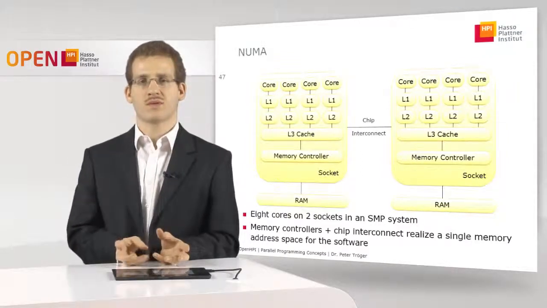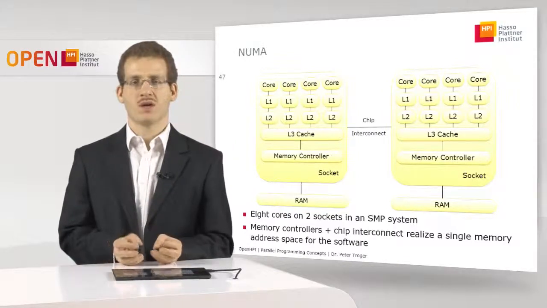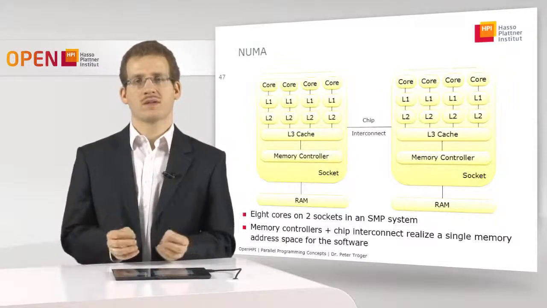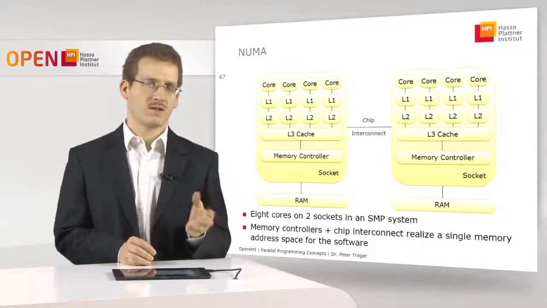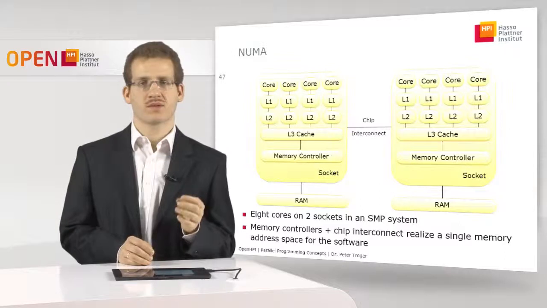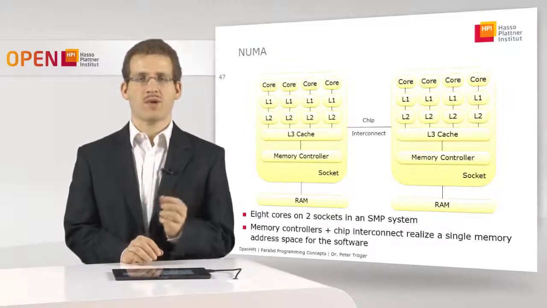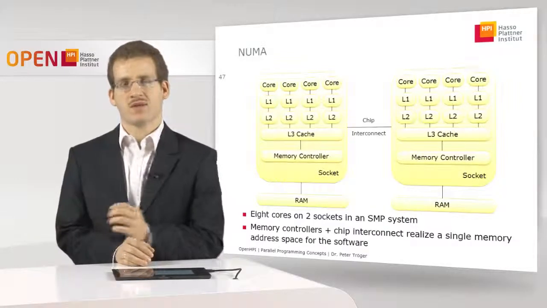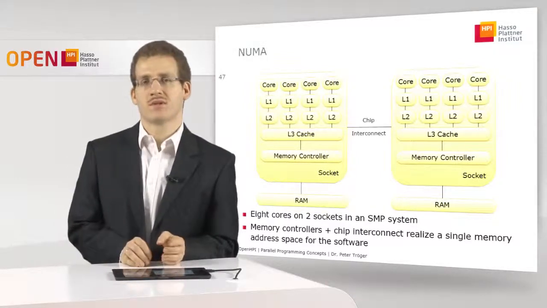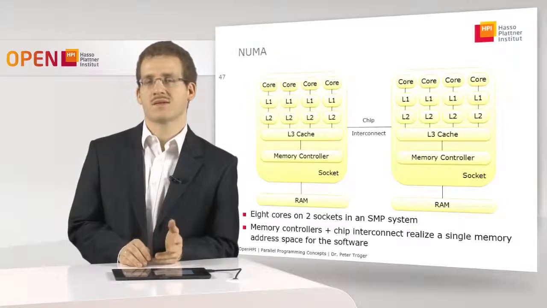So we distribute the physical memory, the memory hardware, over the whole system and attach it to different processors. Whenever an activity, a thread for example, on one of the processors tries to access a memory address that lies in a physical memory bank located at another processor, some kind of chip interconnect has to be used in order to access this value.